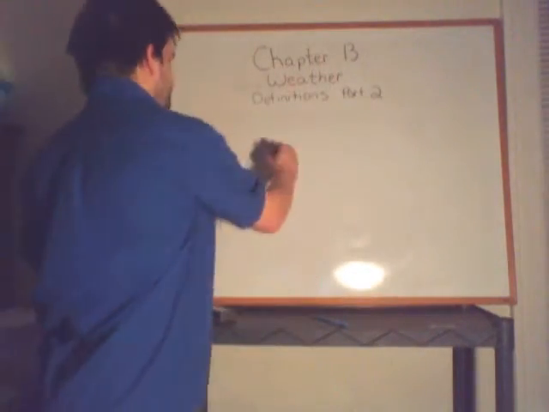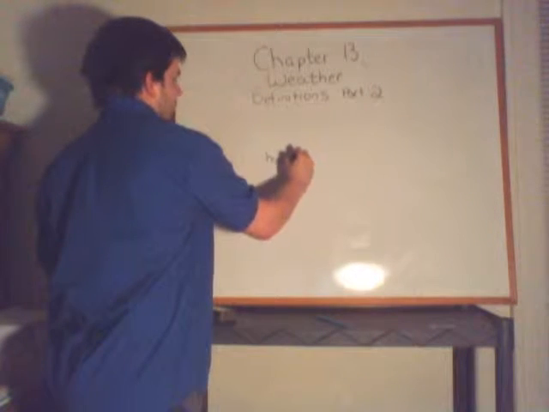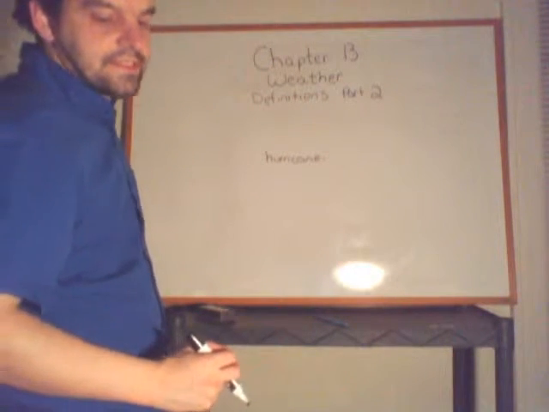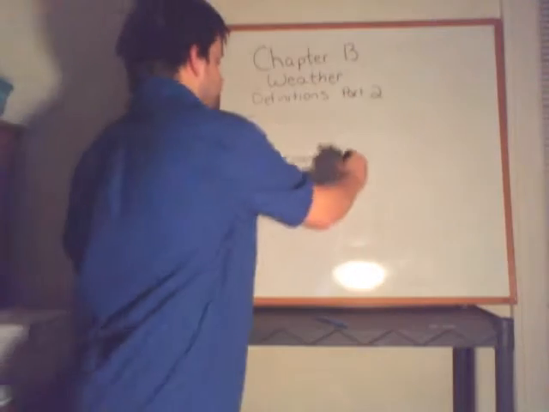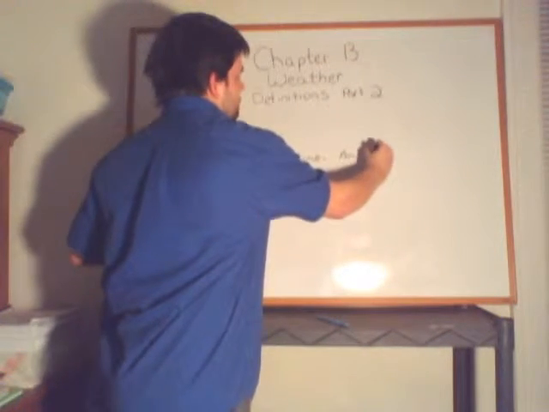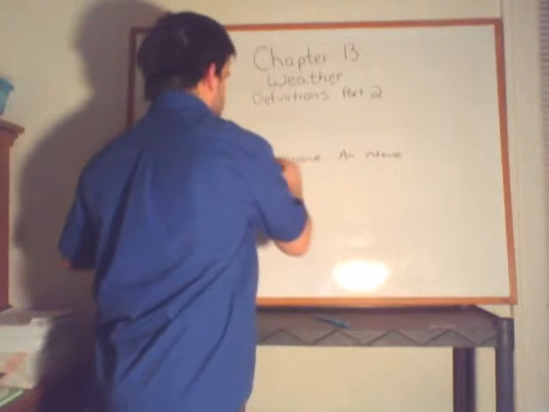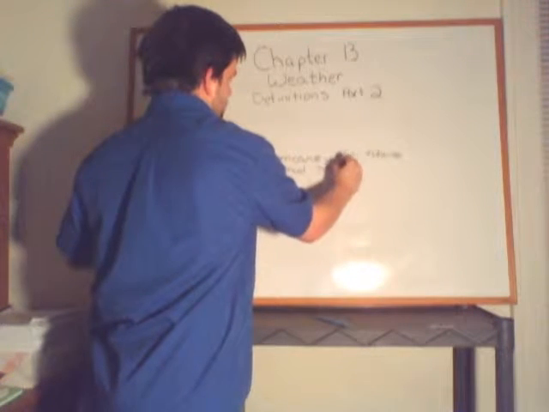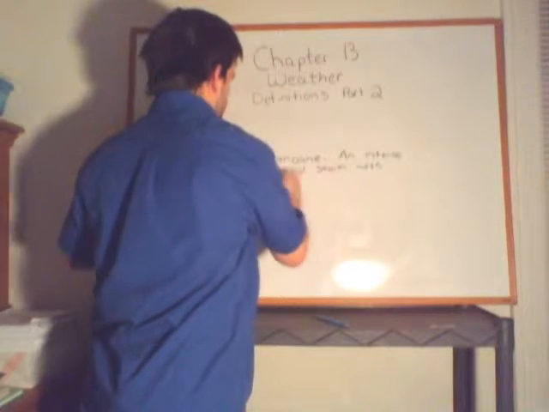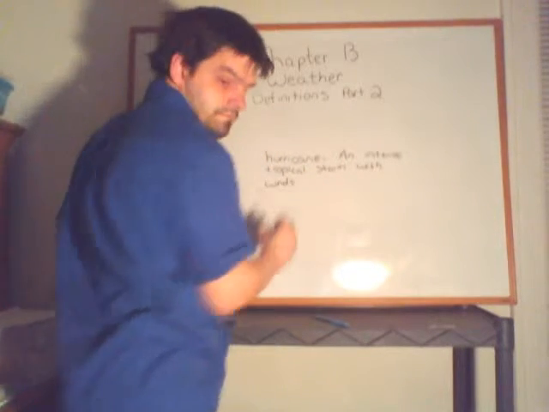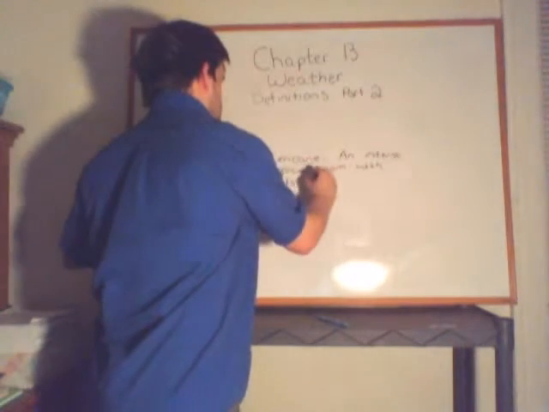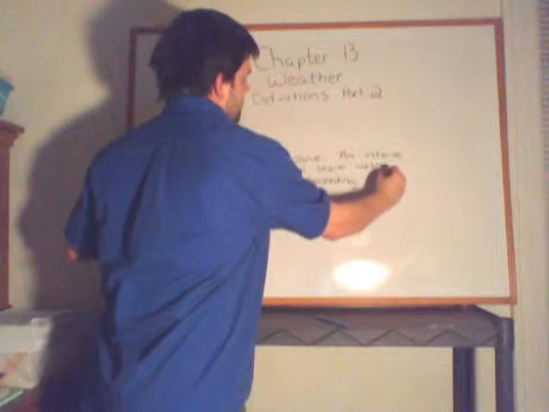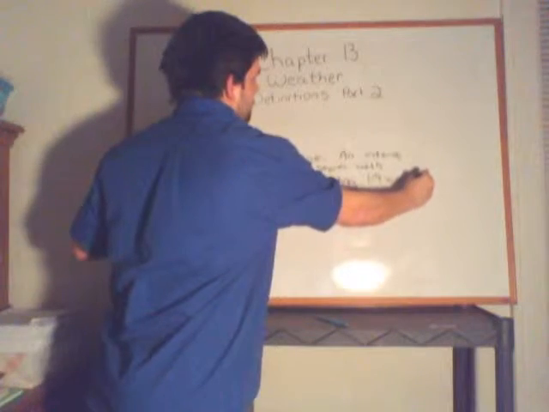Okay. The next definition is a hurricane. And a hurricane is defined as an intense tropical storm with winds exceeding over 119 kilometers per hour.